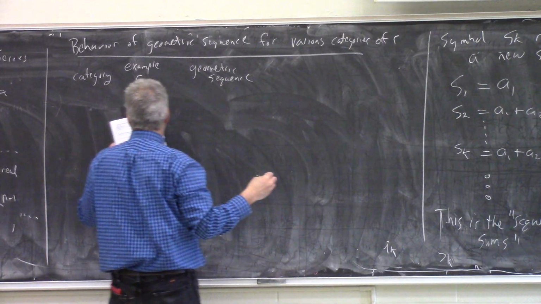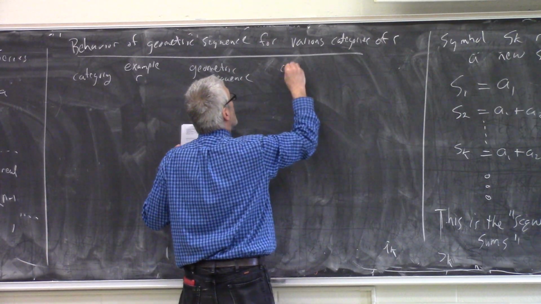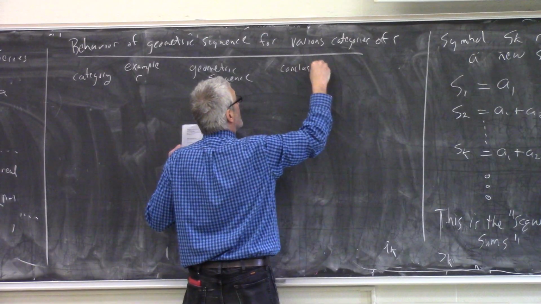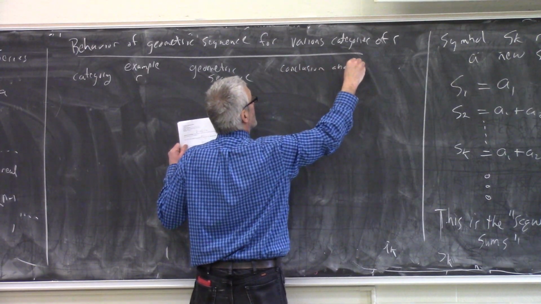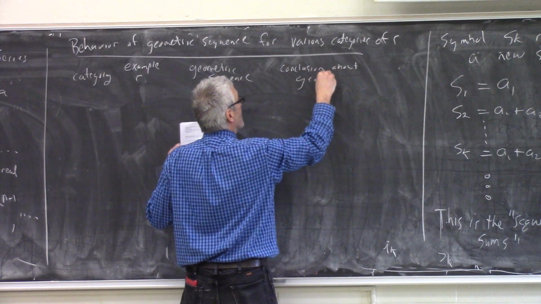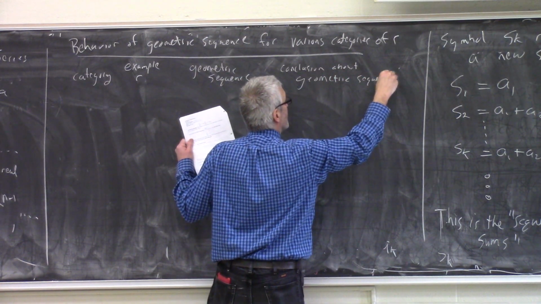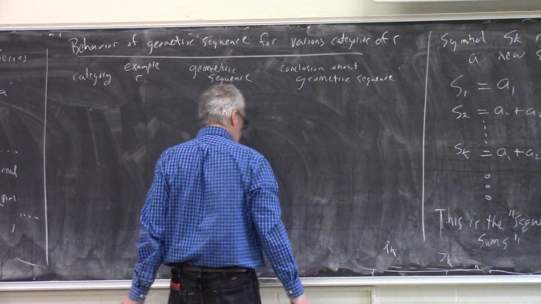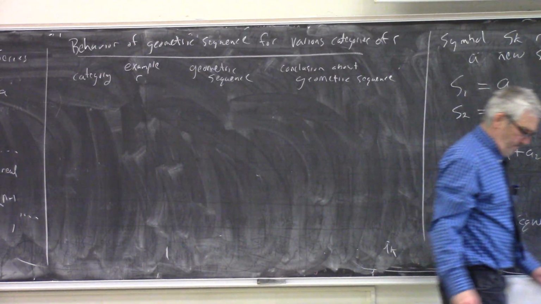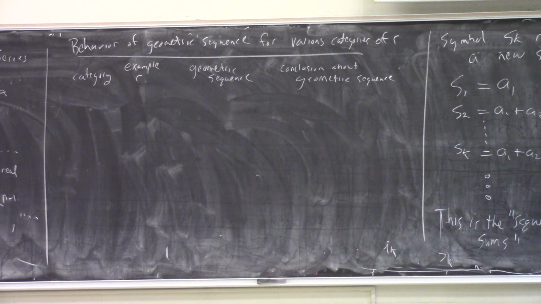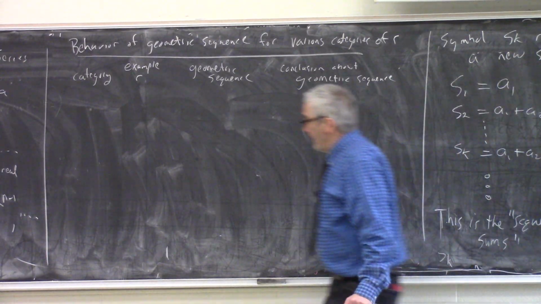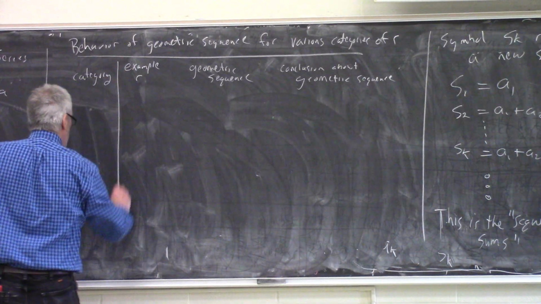And then conclusion about the geometric sequence. So I'm going to have 5 categories.